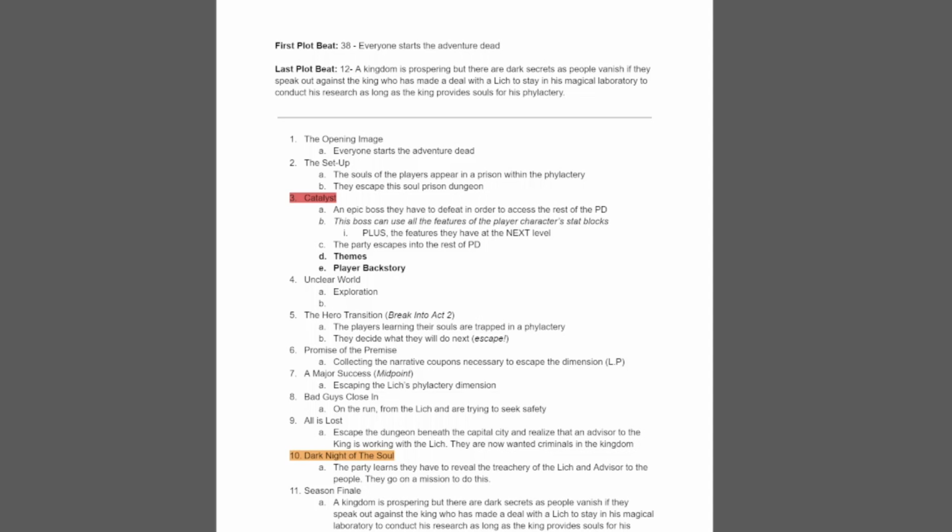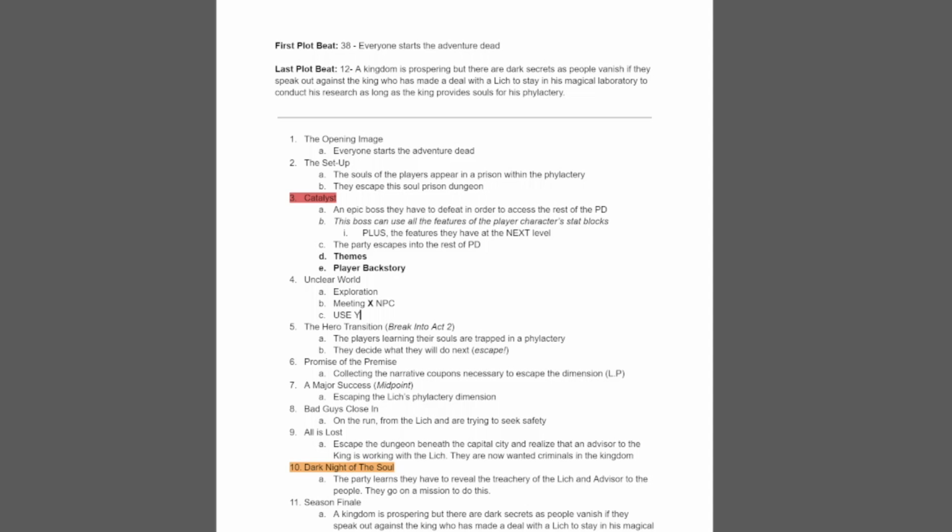So maybe the Unclear World is also about meeting X NPC that we talked about before, or just doing something of the sort to make the transition. This is a very open spot. I usually like to say, use your best ideas here. This is best idea territory.